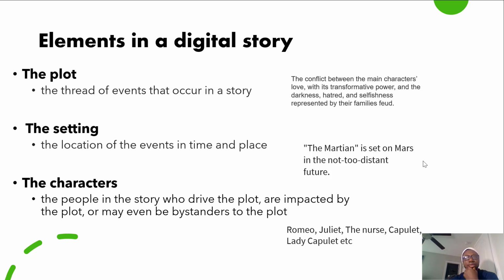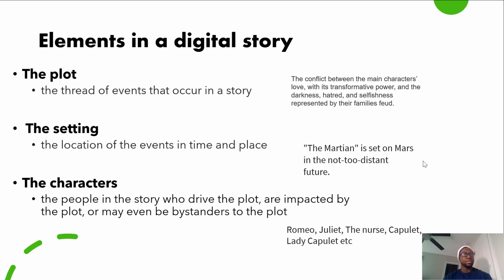So in a digital story, we have the plot, and the plot is the thread of events that occur in a story. So it's the sequential way we write the story. We move from plot A to plot B to plot C to plot D. If you've ever watched a drama in a theater, you see that they have different plots.